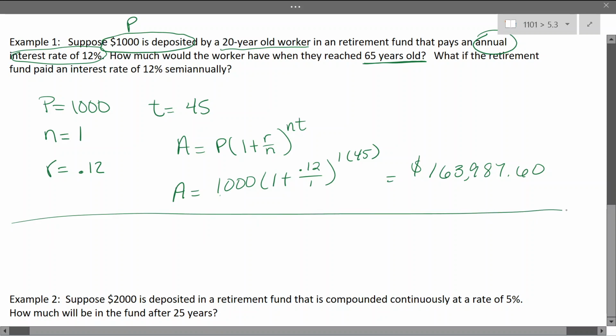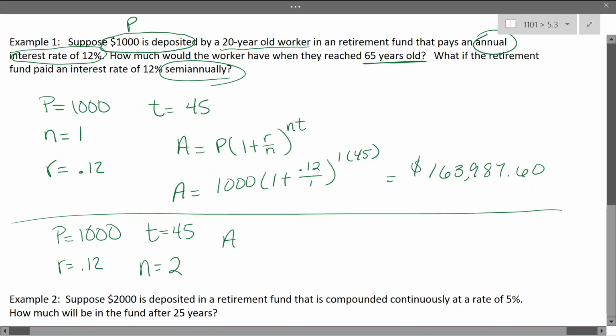Next, let's look at our second question. It says, what if the fund paid an interest rate of 12% semi-annually? So all of our other information stays the same. Our P is equal to 1,000. Our R is equal to 0.12. Our T is still 45, but our N is now 2 because we're semi-annually.